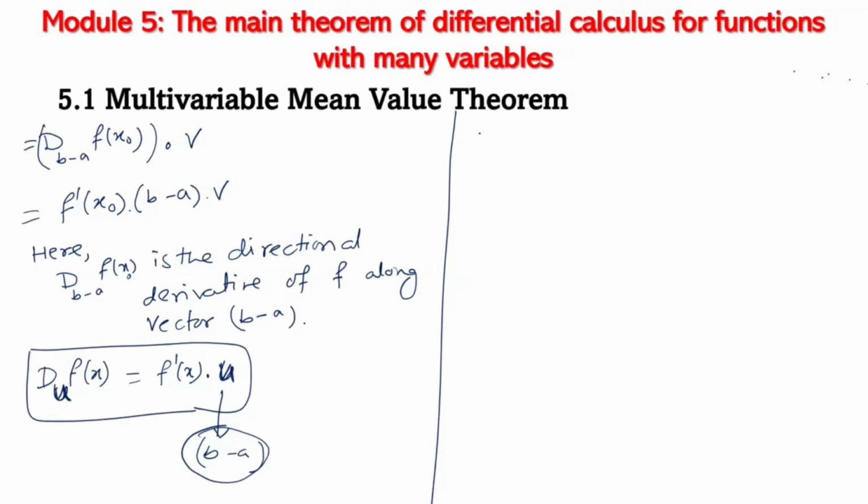Now we replace back x naught. So finally we get g dash t naught is equal to f dash of (a plus t naught (b minus a)), applied to (b minus a), dot v.